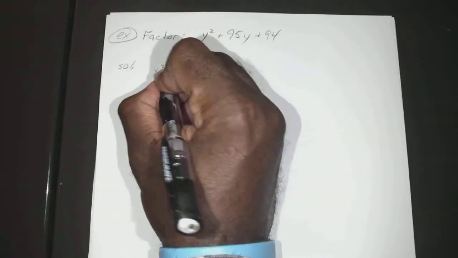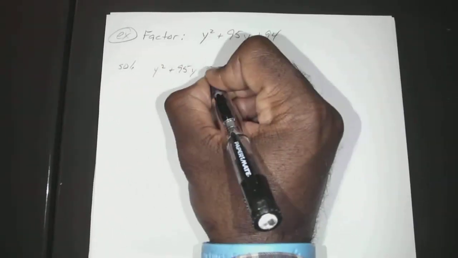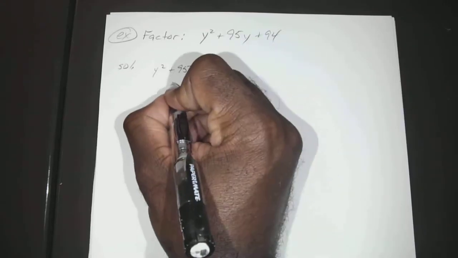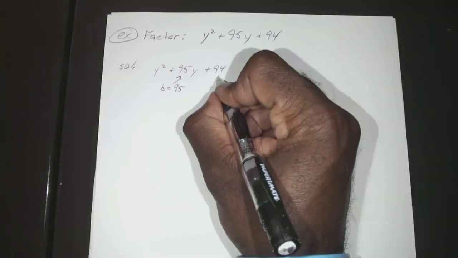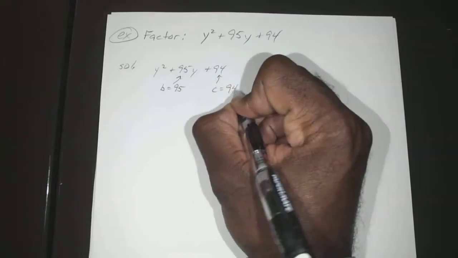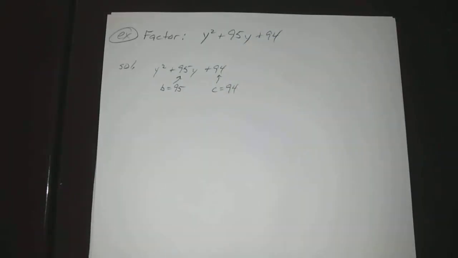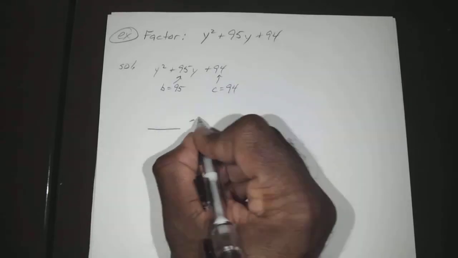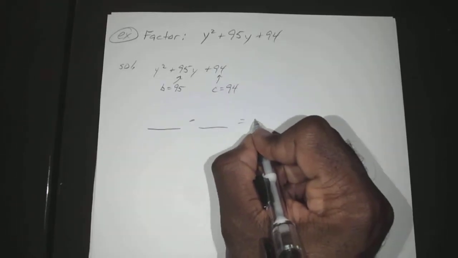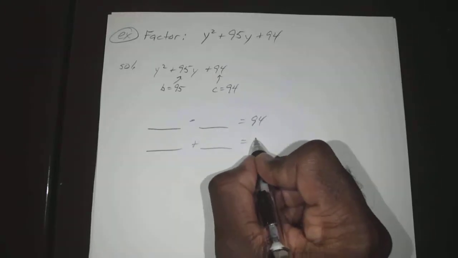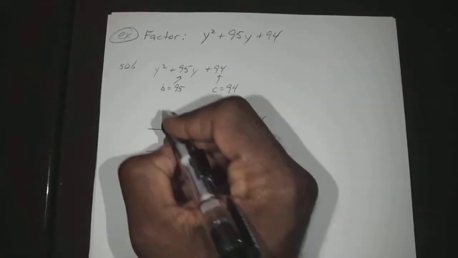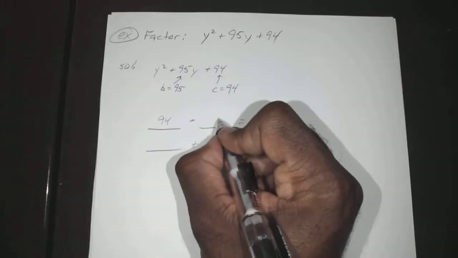So if we have y squared plus 95y plus 94, where your b is equal to 95 and your c is equal to 94, to find two numbers that multiply to equal 94 and add to equal 95, you can just pick 94 and 1.